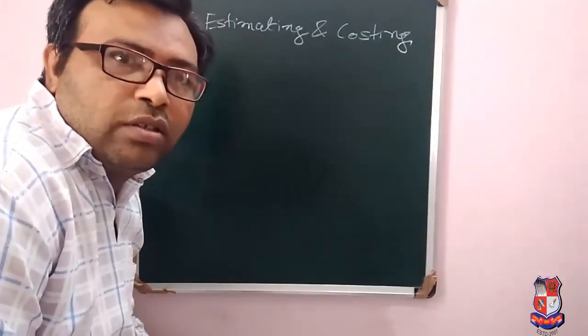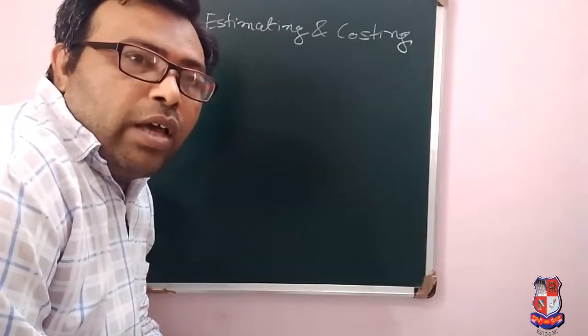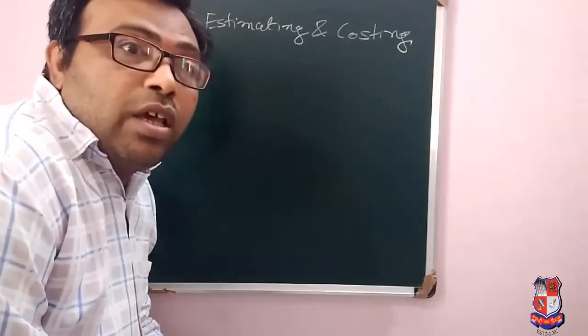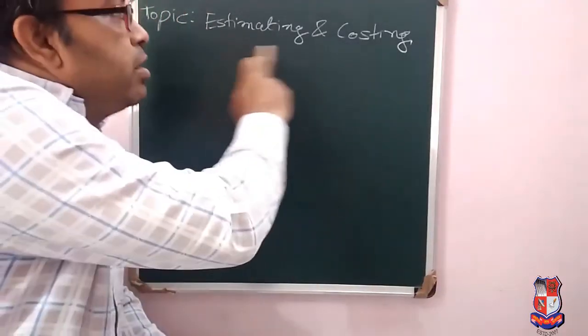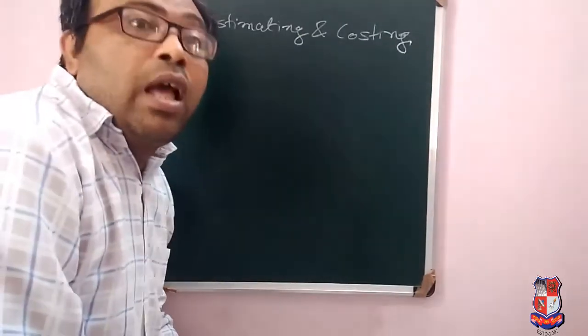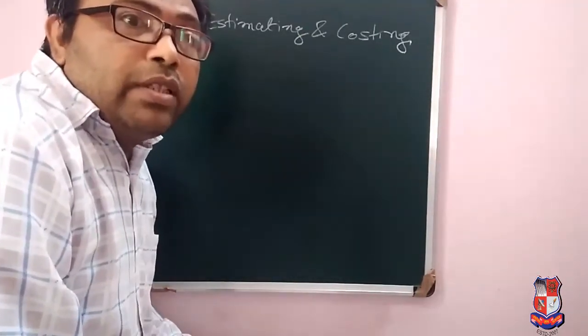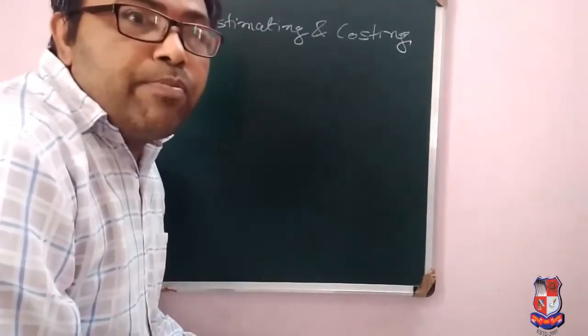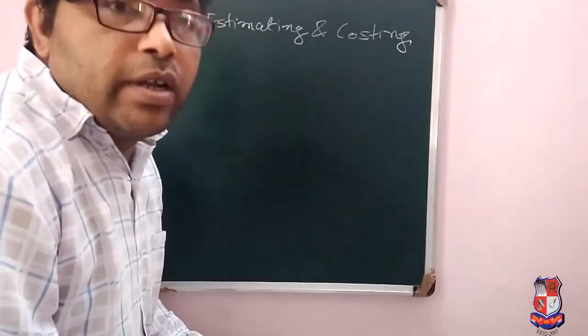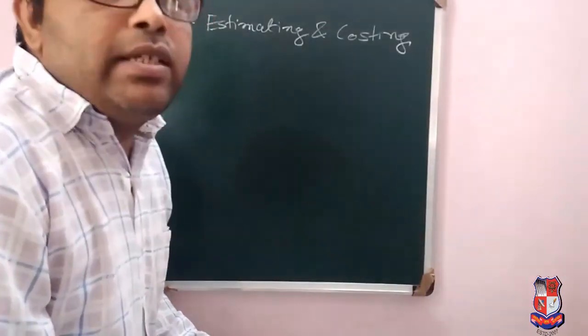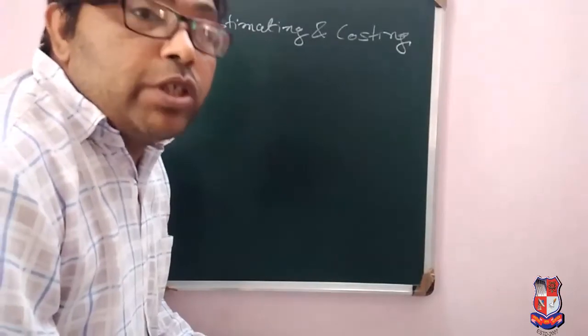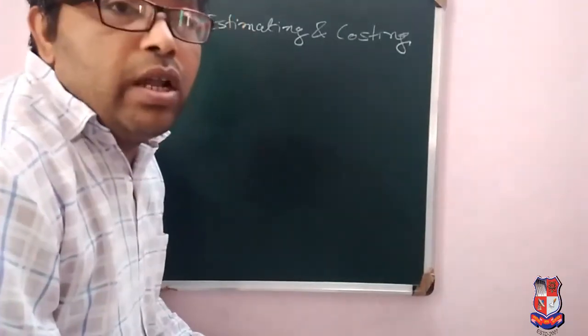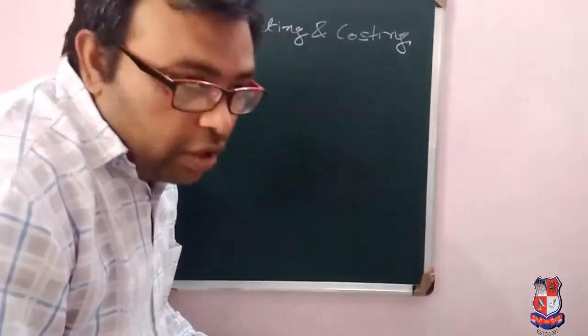Hello students, today I am going to discuss the topic estimating and costing that is related with semester 6 of BE production program. Now today we will discuss machining time calculation in turning operation.